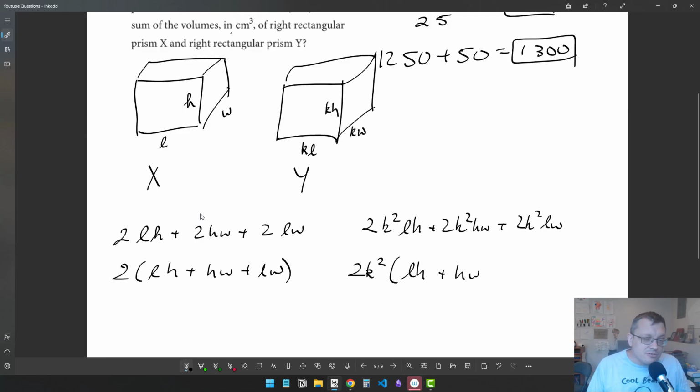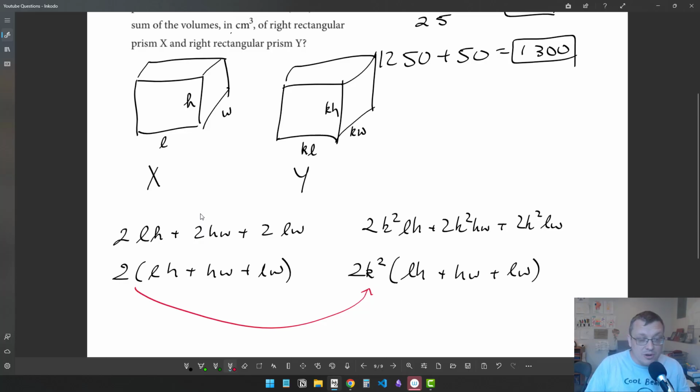The scale factor of the sides, which used to be K to 1, when applied to the areas is actually K squared to 1. Because that K to 1 ratio we came up with before was a one-dimensional ratio. When we apply this to two dimensions, when we find areas, we're essentially squaring that factor. So that is why it's K squared to 1. That means if we were to compare these actual areas, which we did before, right?